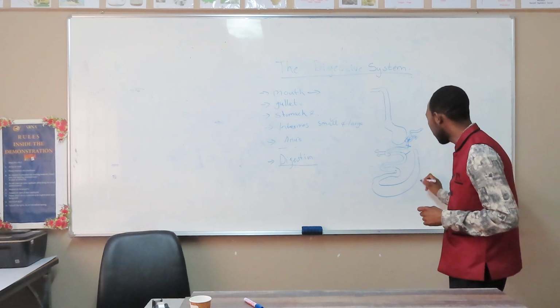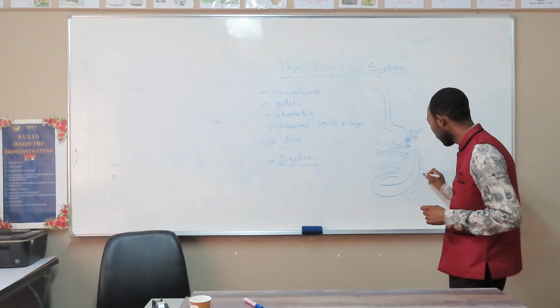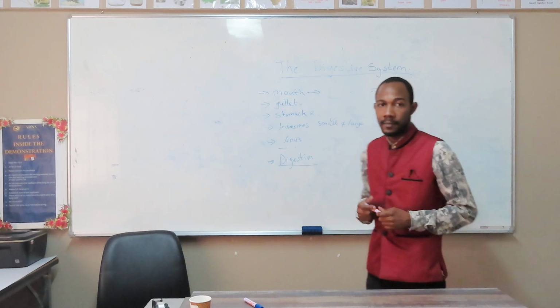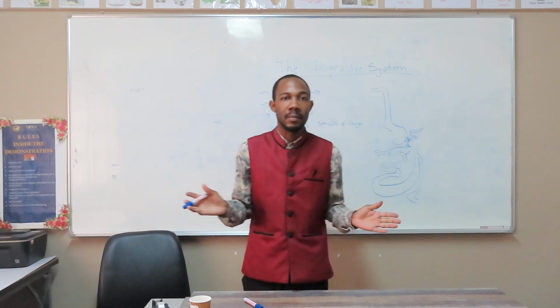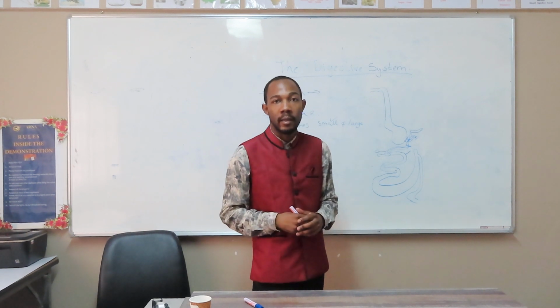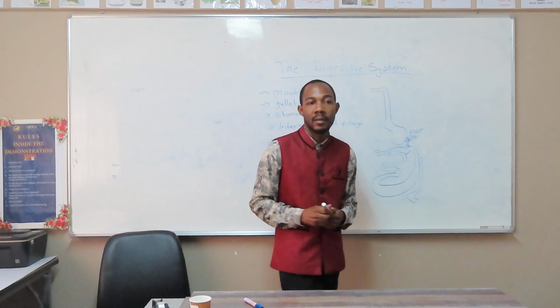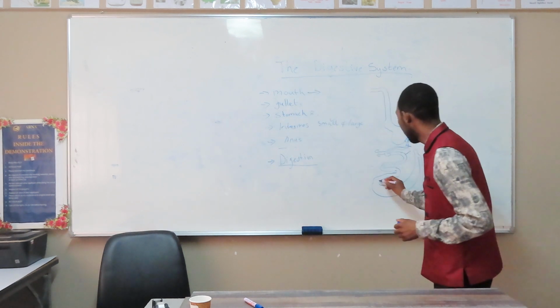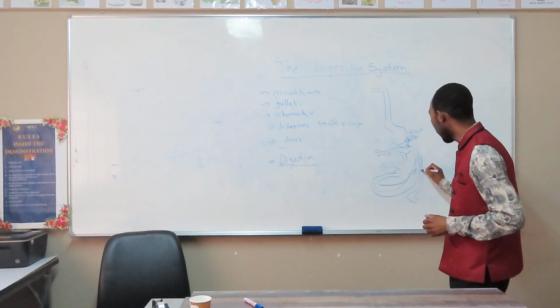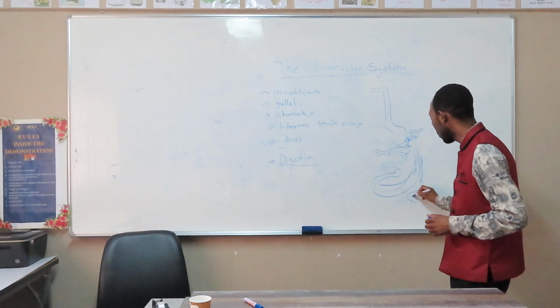Let's say this is the large intestine. So in the large intestine, only water is absorbed. And then the rest of the waste product is pushed all the way outside the body.